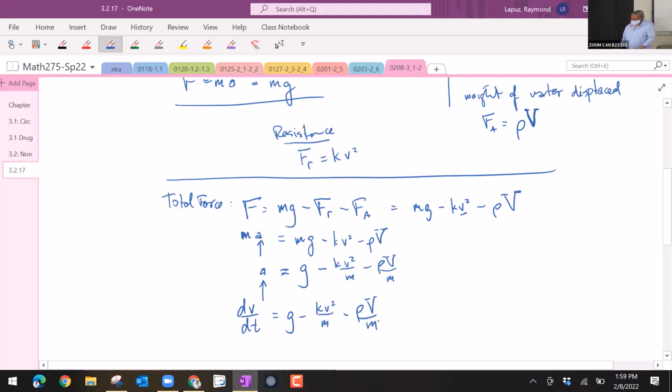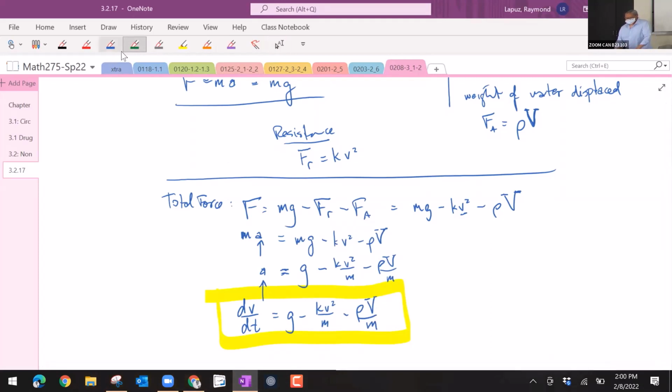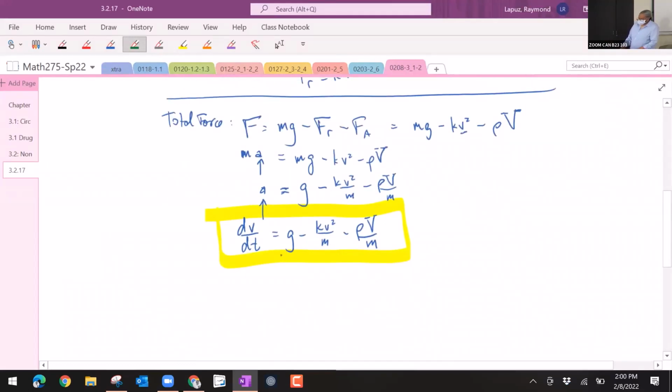So now that we have a differential equation, they want us to actually solve it. If you look at this, g is constant, rho is constant, the volume is constant, since we're talking about a fixed volume, the mass is constant, your constant of proportionality is constant.